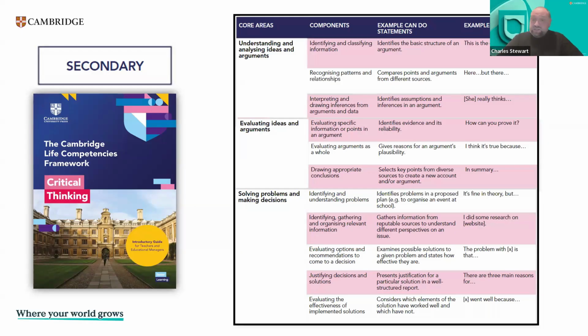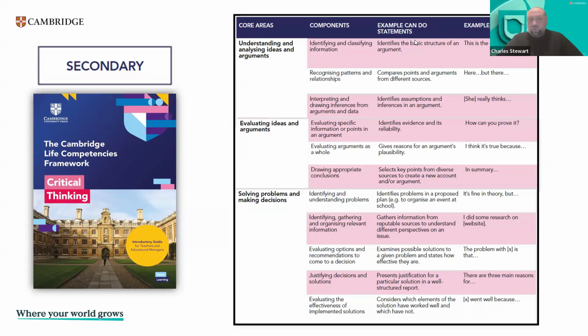In the Cambridge Life Competencies Framework, this deals with things such as collaboration, creativity, learner autonomy, communication, and critical thinking. And Cambridge has developed free booklets. I will give you the link to them at the end of the presentation today, where you can download, read about critical thinking skills, further analyze both the lower order and higher order critical thinking skills, and then see exactly how we can use it in the classroom.